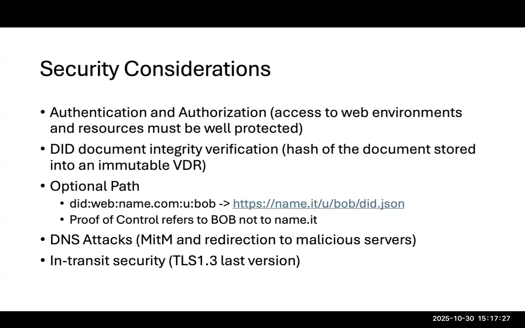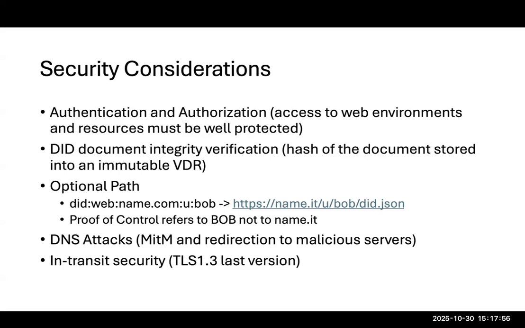Of course, a web server is not a distributed ledger. So in this case, for immutability, we have persistence if we take care of the information, but not immutability. In any case, we need to control the integrity of the DID JSON file.